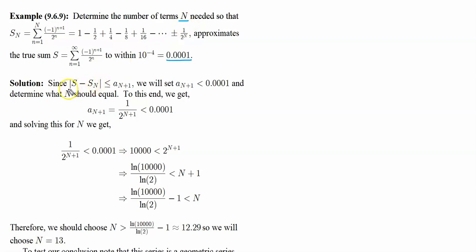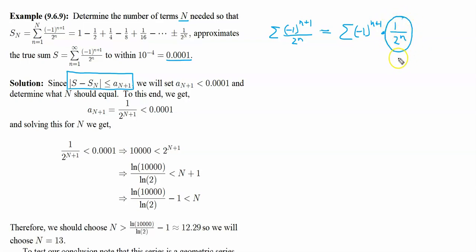Well, let's recall this inequality right here from the alternating series remainder theorem. Now we need to identify what our a_n terms are from this series. If we look at that series, notice that we can write it like this. So these are the a_n terms in that sequence.